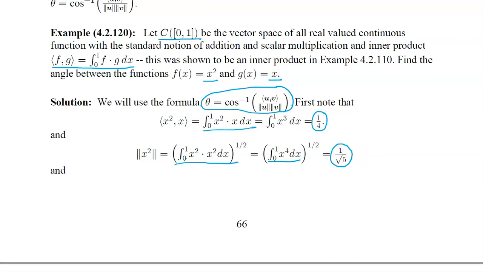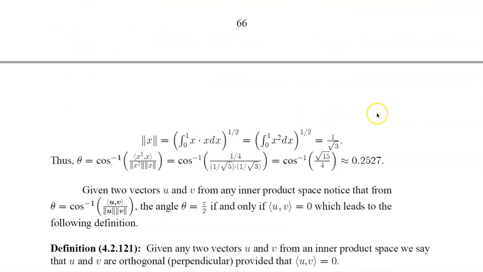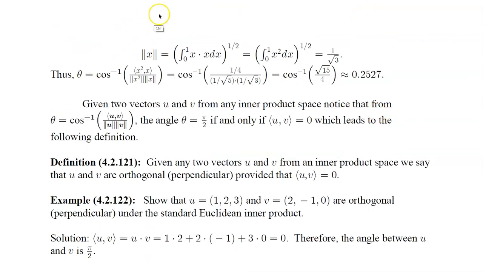And then down here we have the norm of x. So that is the integral from 0 to 1 of x times itself to the 1/2 power. You end up with 1/√3. And so therefore the angle between x squared and x is this quantity right here.